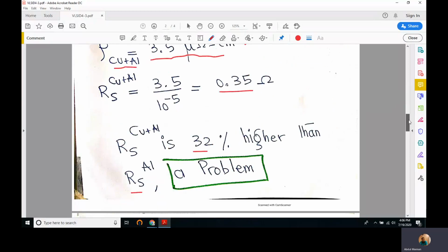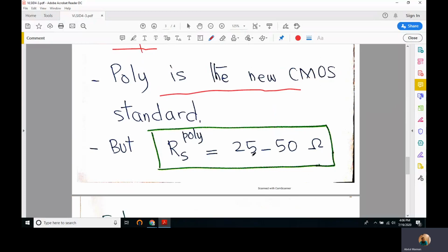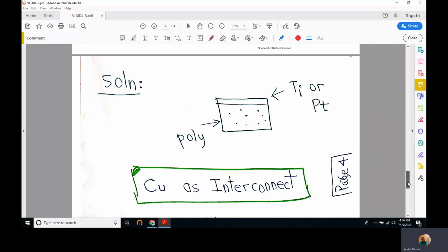And here we have a sheet resistance of 25, almost 100 times higher than the sheet resistance of aluminum. So how to address this problem? It can be addressed by using a thin layer of titanium or platinum on top of poly. This decreases the overall resistance introduced by poly.